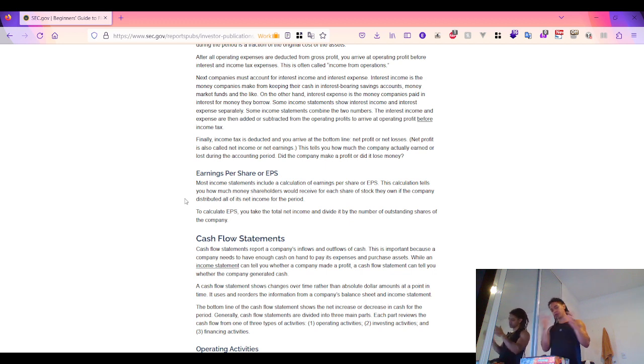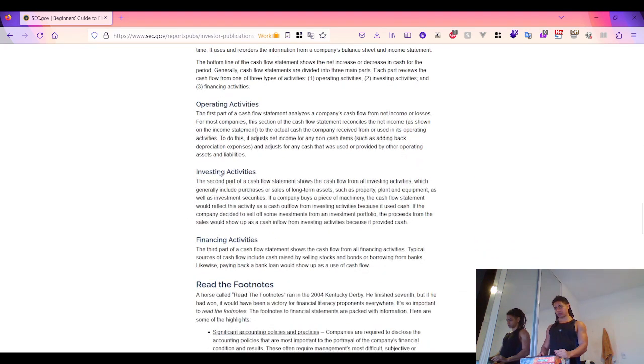So the operating activities analyze the net income from the income statement, and adjust for any non-cash items or any cash that was used or received from other operating assets and operating liabilities, something that they describe here.